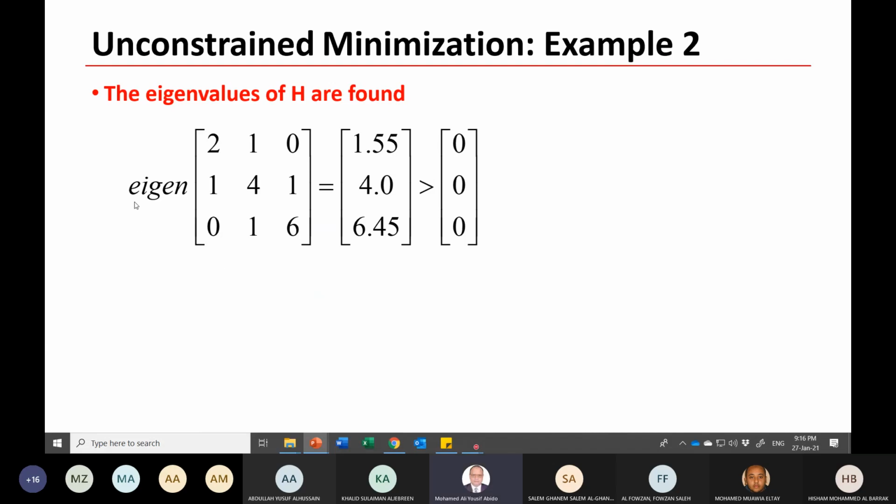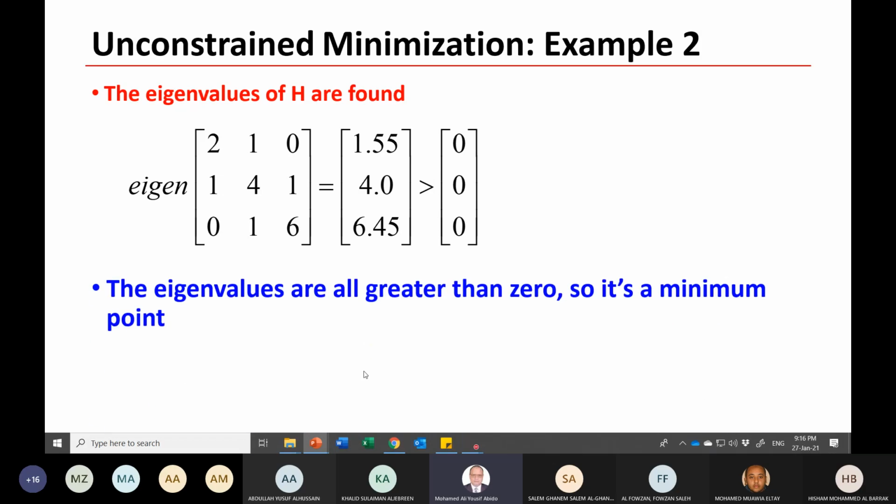You can find the eigenvalues of this matrix as 1.54 and 6.45. So all of them are positive, greater than 0. This is the minimum point. Okay? Is it clear? I think the examples are straightforward.